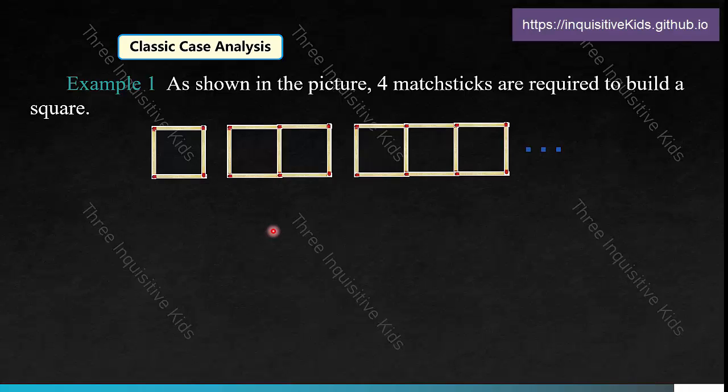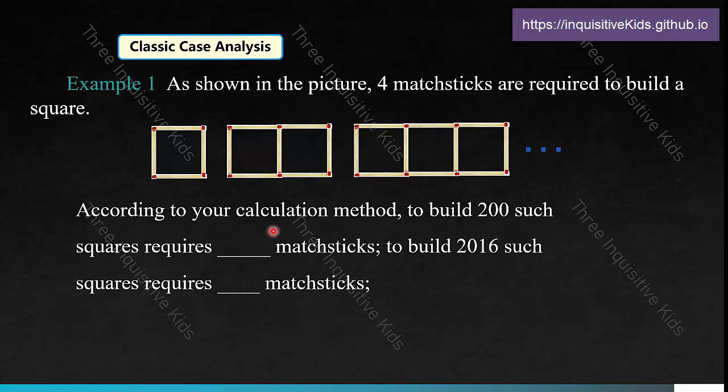As shown in the picture, 4 matchsticks are required to build a square. According to a calculation method, to build 200 such squares requires blank matchsticks, and to build 2016 such squares requires blank matchsticks.